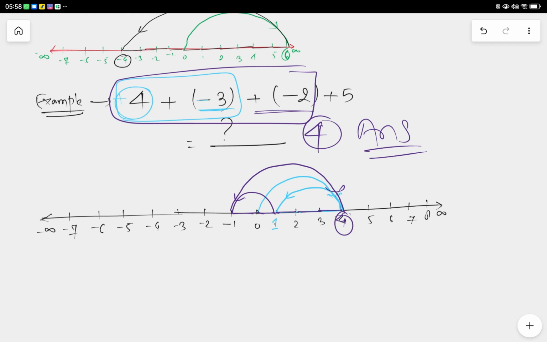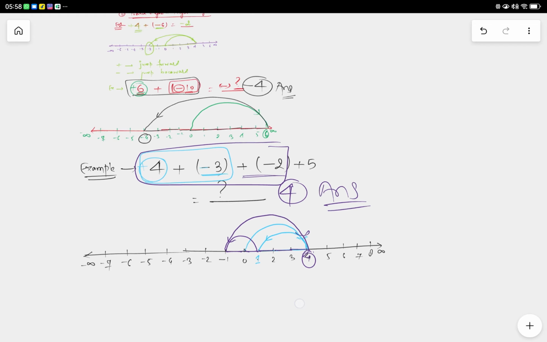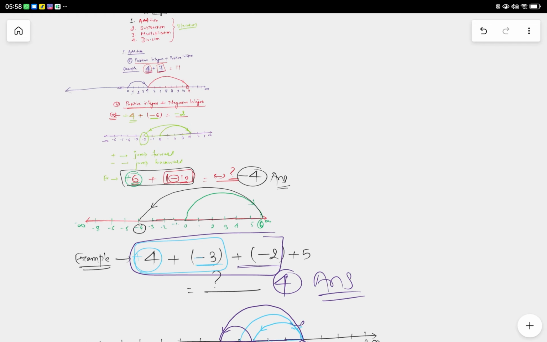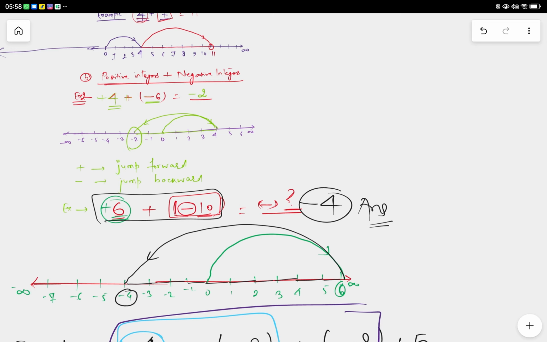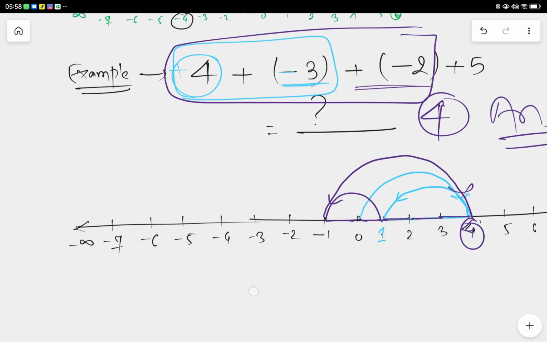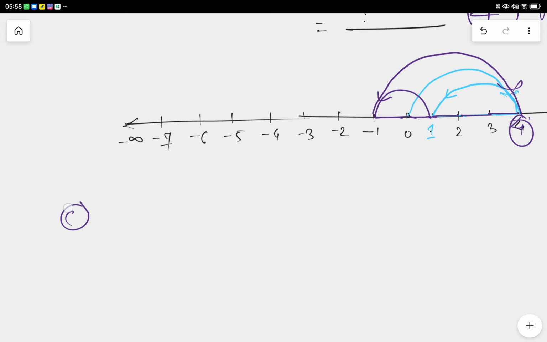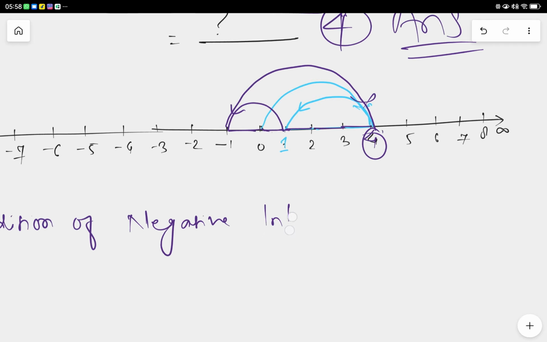Answer is 4. Okay, so this is how we saw the second kind of addition, the positive integer with the negative integer. Let us now do the third kind, addition of negative integers.